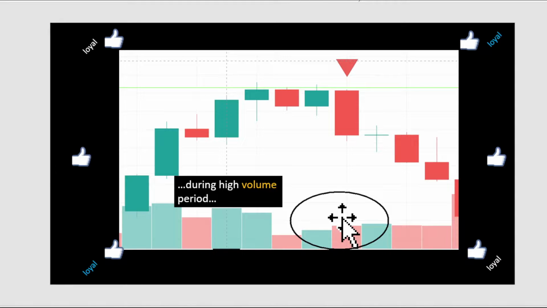The color indicates strong bull or strong bear being in control. If a trader does not respect the candles, they'll eventually end up buying here and end up losing money.